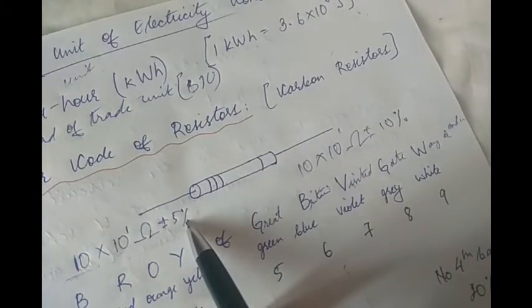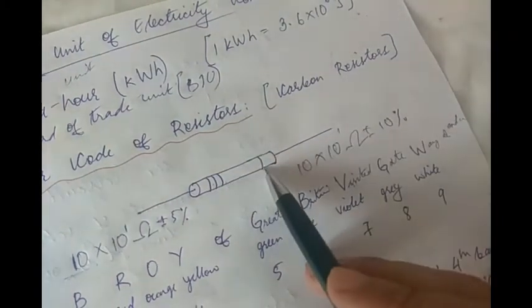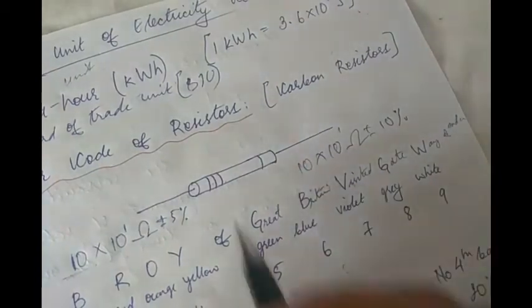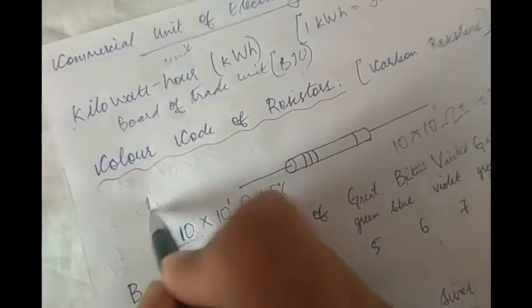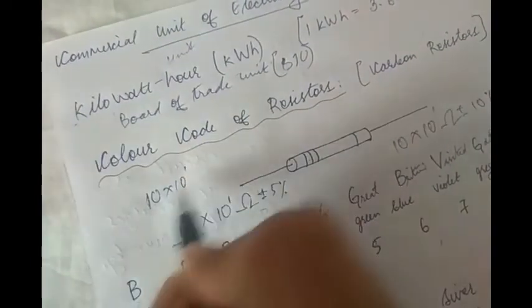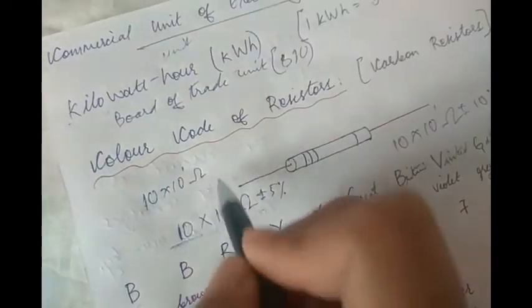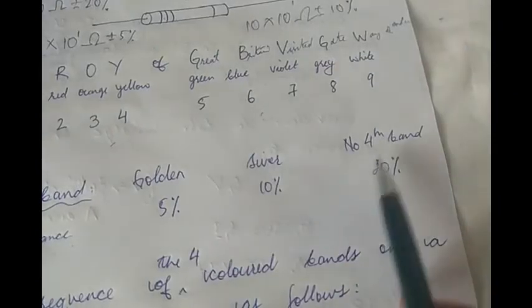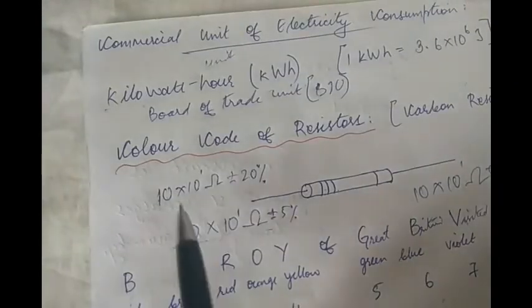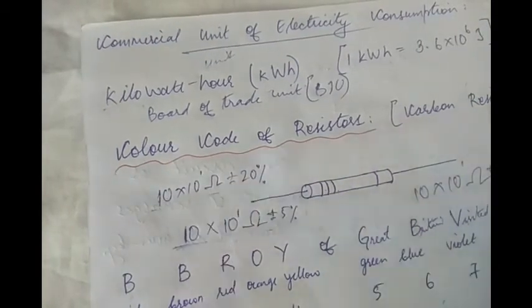If there is no fourth band, then the value of the resistance would be 10 into 10 to the power 1, which of course is 100, remember. So this many ohms plus minus 20%, so this is less accurate. The tolerance factor, if there is no fourth band, is 20%. So tolerance gives us an idea about the accuracy of this value of resistance.